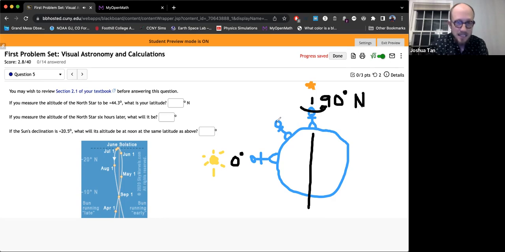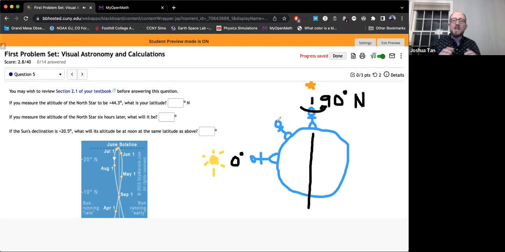In this case, it's a positive declination. It's above the celestial equator, and so I should see the sun at a slightly higher altitude than I do at the equinox. If it had been negative, I would see it at a slightly lower altitude than at the equinox.